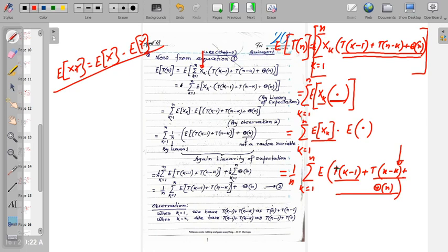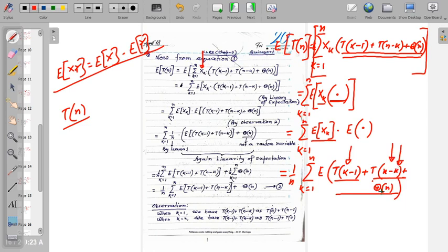We have defined T as a random variable, and this theta n is not dependent on k.